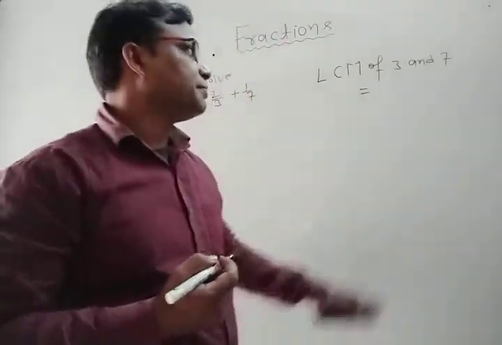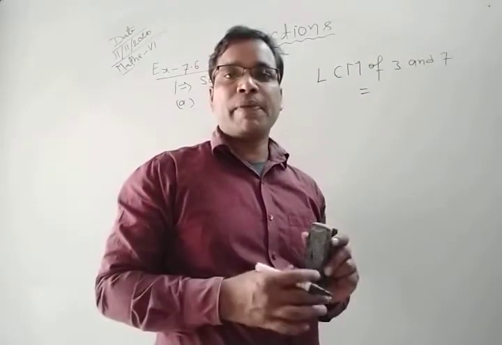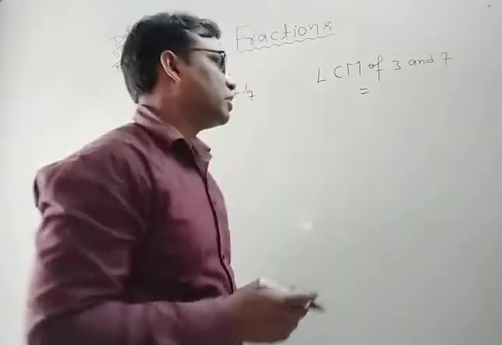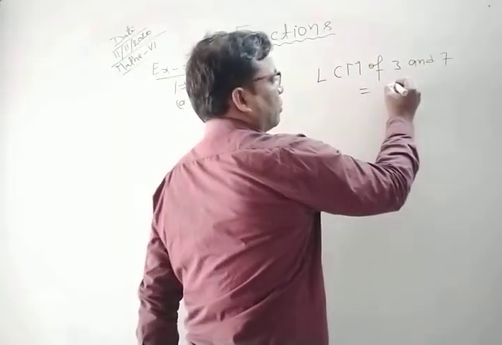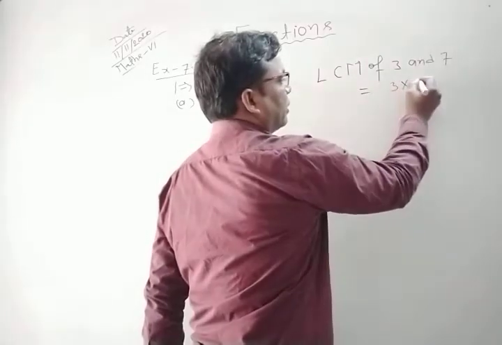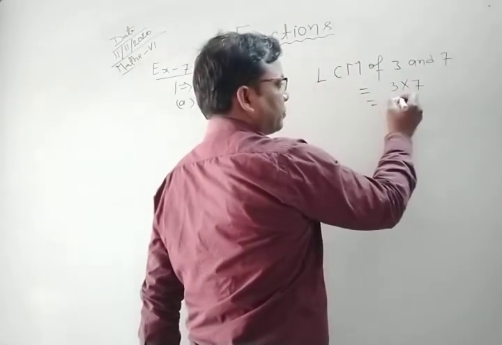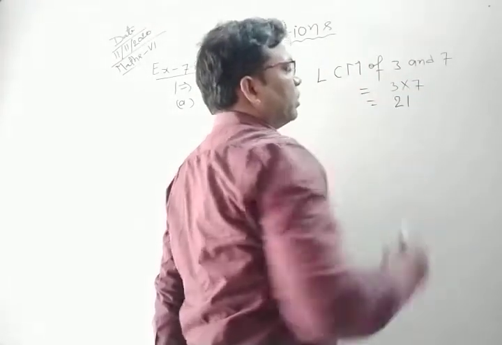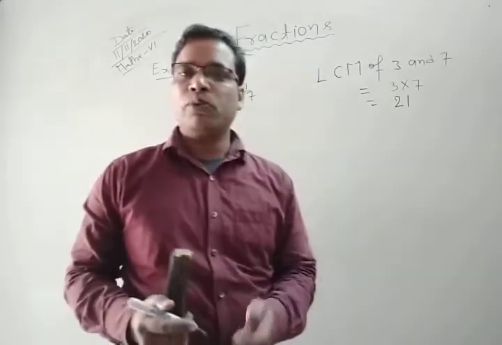Because 3 is a prime number and 7 is a prime number, the LCM of 3 and 7 is their product, so it becomes 21. One question arises here: what is a prime number?